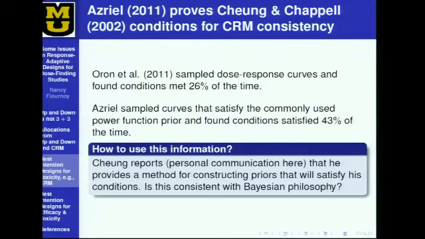And so after Chung's talk this week, I talked to him, and he was talking about how to construct priors. He didn't say it in his talk, but what he told me afterwards was that he was providing rules for constructing priors so you'd end up with a prior that satisfied his conditions.